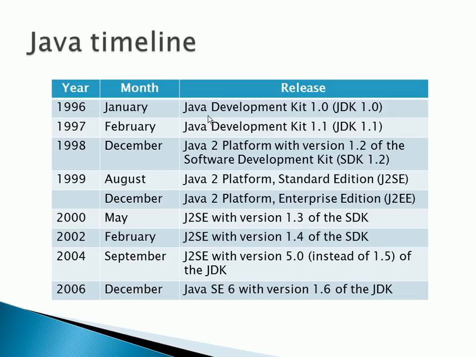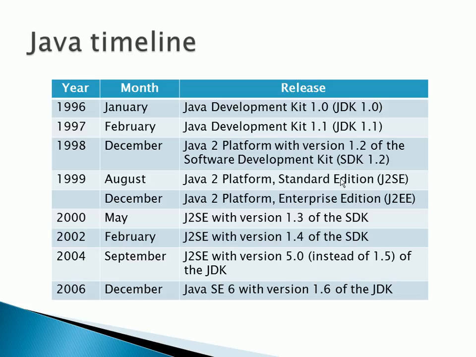The previous versions were just called JDKs, not really targeting the enterprise market. Then in 1999 we have a division between the Standard Edition that was released in August, and the Enterprise Edition that was released in December.